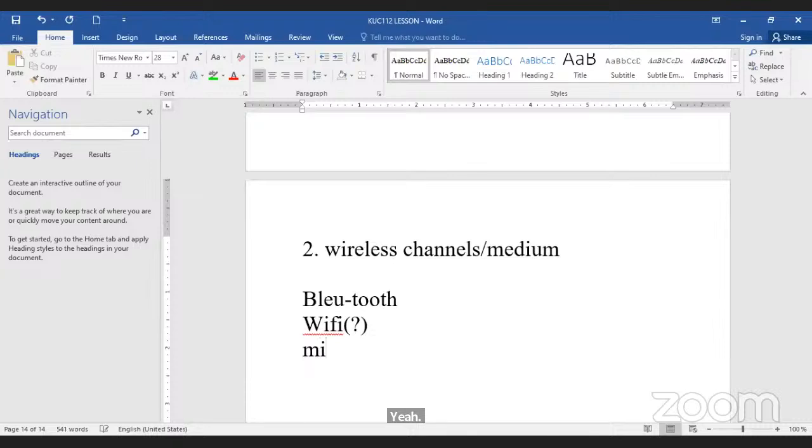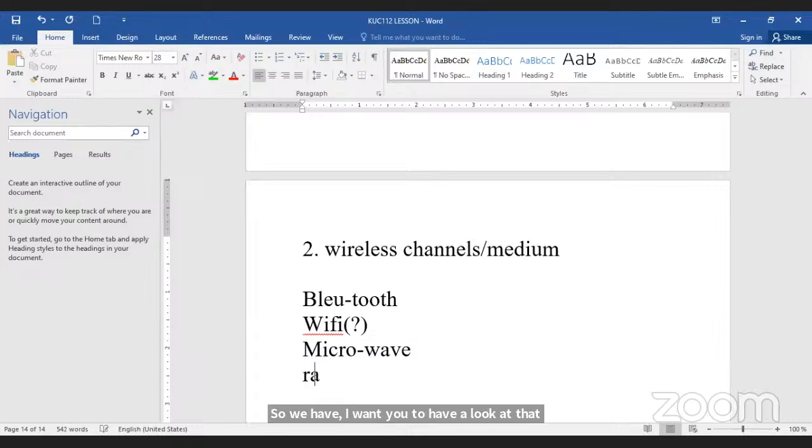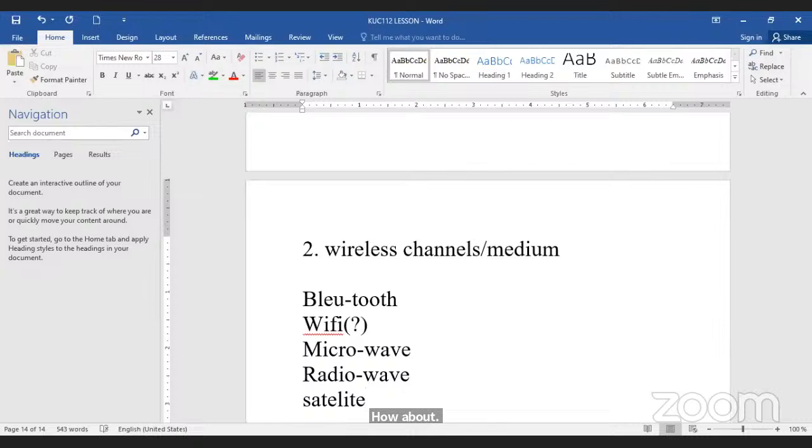So I want you to have a look at what's called microwave. Have a look at what's called radio waves. Have a look at what's called satellite.